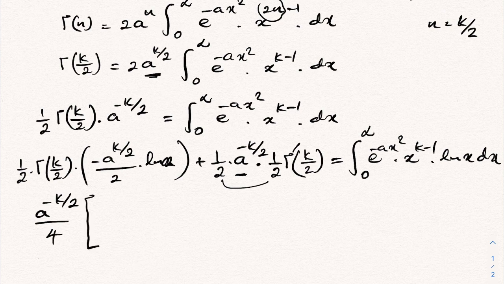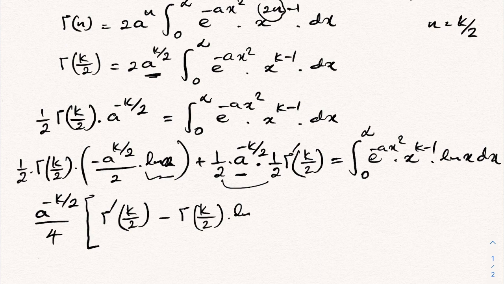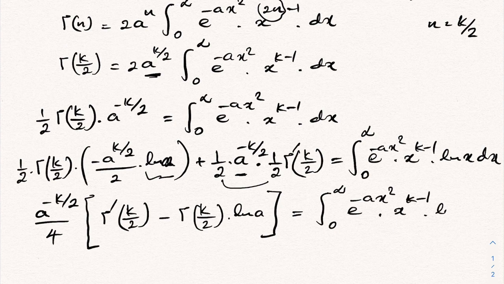So here we have gamma dash of k over 2 minus gamma of k over 2 times natural log of a, and we know this is equal to our integral 0 to infinity e to the minus a x square times x to the k minus 1 times natural log of x dx.